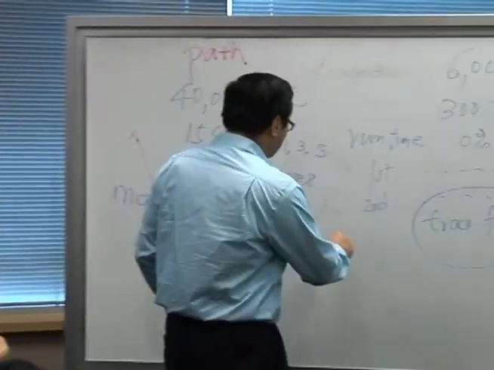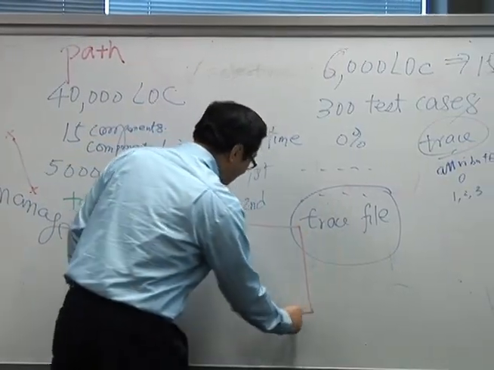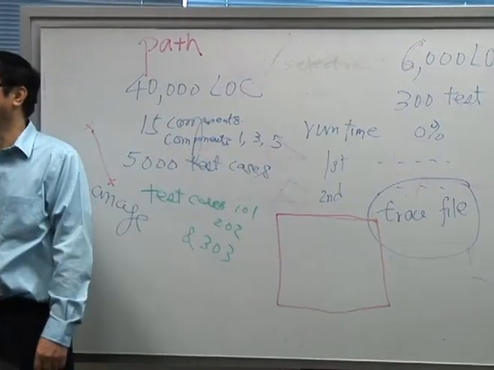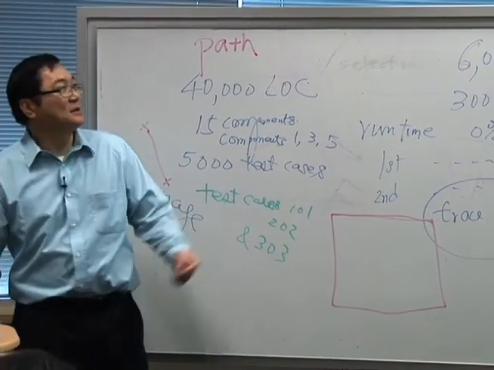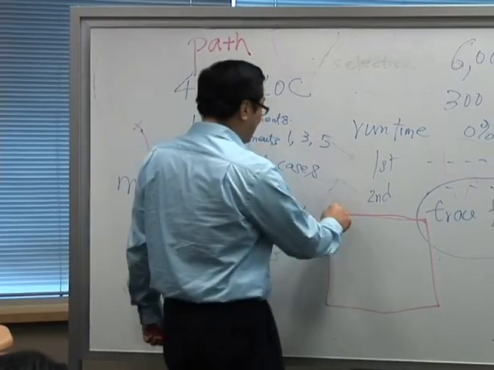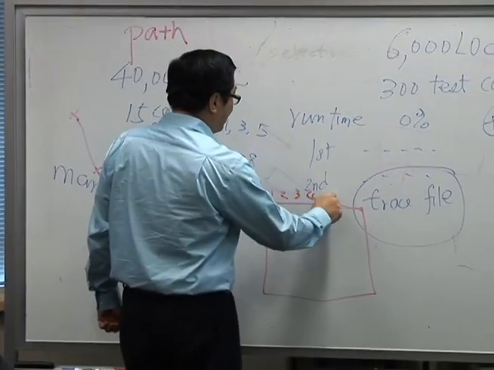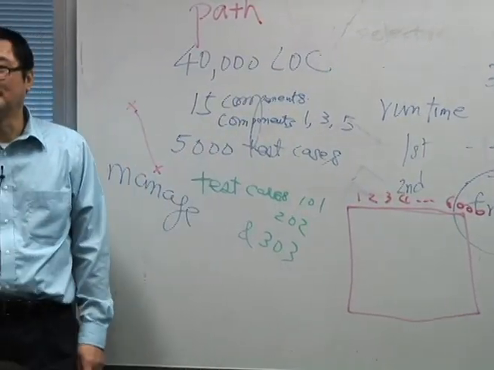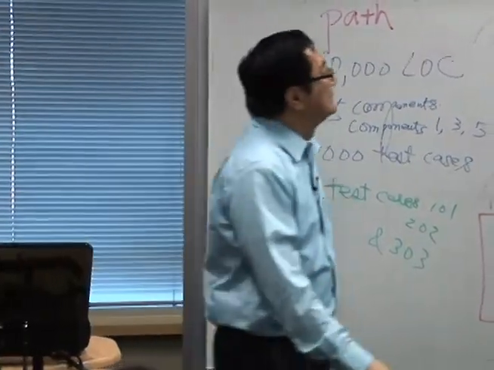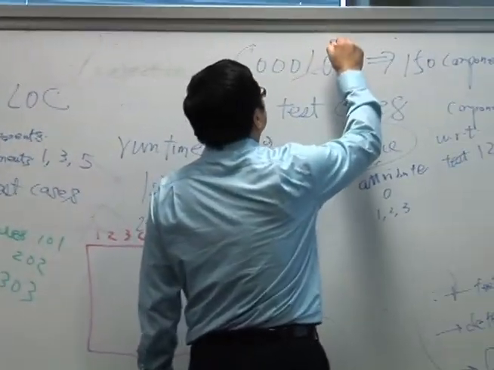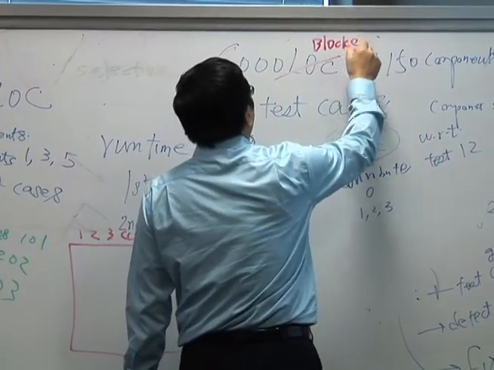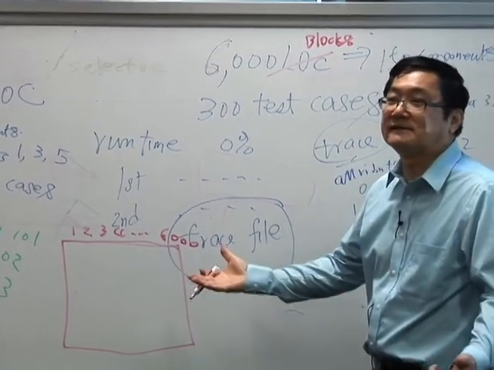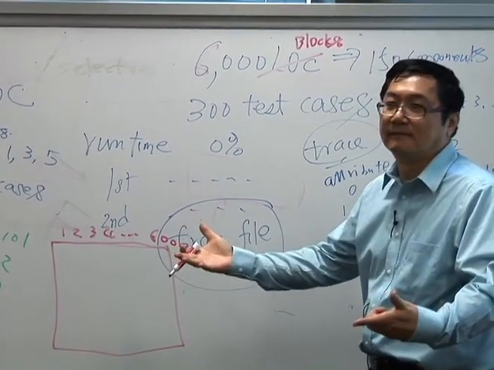It's simple: a big two-dimensional array. 6,000 blocks, 1, 2, 3, 4, 5, up to 6,000. Over 6,000 true/false branches, doesn't matter. 6,000 attributes.